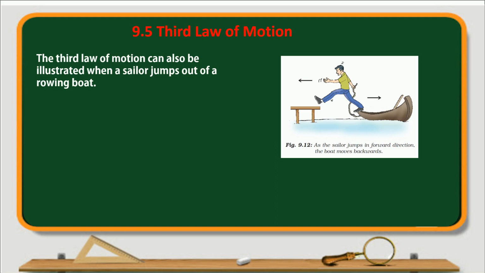The same thing: when we apply a force on the boat, because of the recoil velocity the boat will move back. Then we will move forward. So like that, there are many examples of Newton's third law of motion.